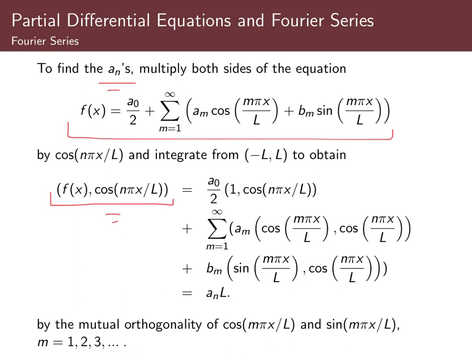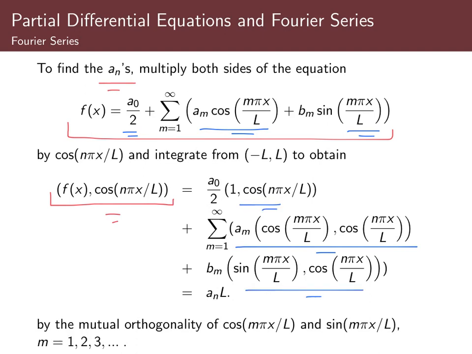Because the inner product is linear, we can take each of these terms, and also the first coefficient, multiply by cosine of n pi x over L and integrate, and we just get the inner products of these terms here.